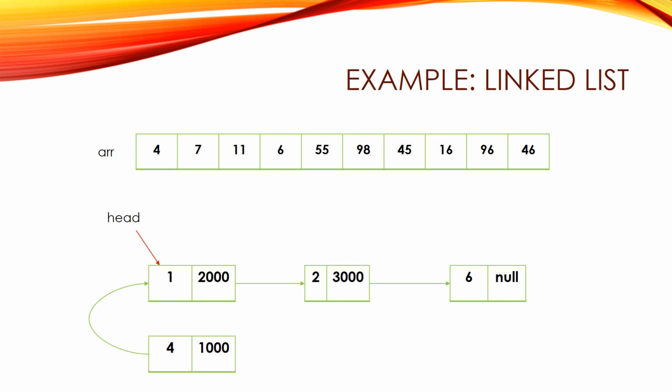But in an array, we have all the elements connected in a consecutive fashion, in which if the address of the first element is 1000, then the address of the second element would be 1004, assuming that the size of the particular element is 4 bytes.